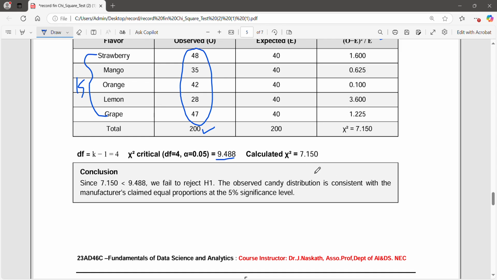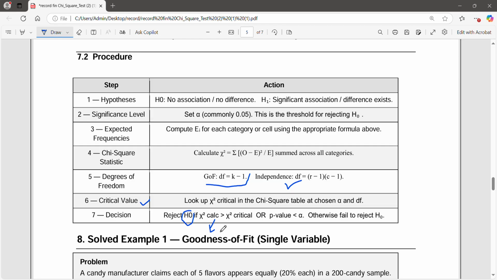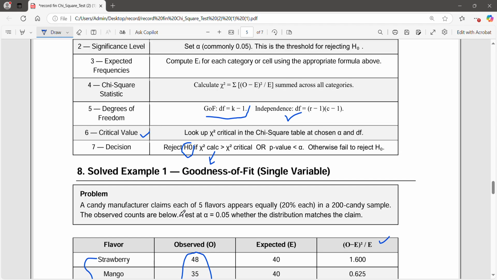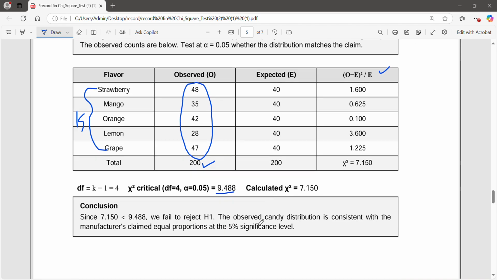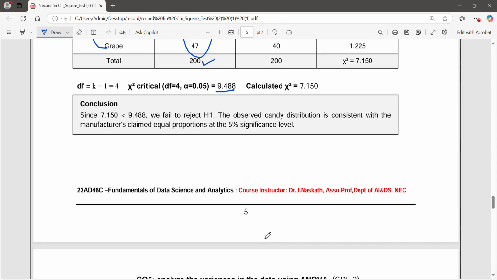Finally, we conclude that since the calculated value is less than the critical value, we fail to reject H0. The observed distribution is consistent with the manufacturer's claimed equal proportions at the 5% significance level.